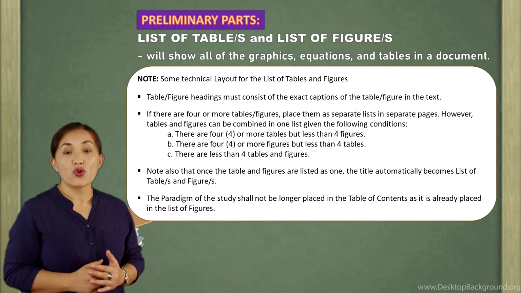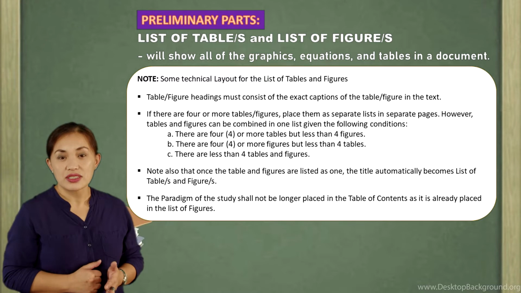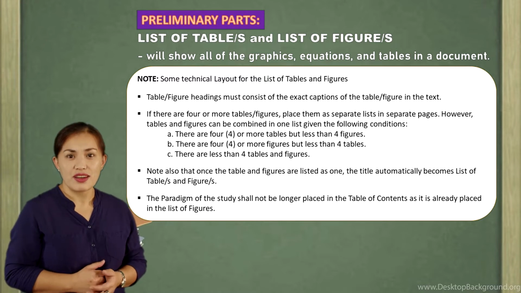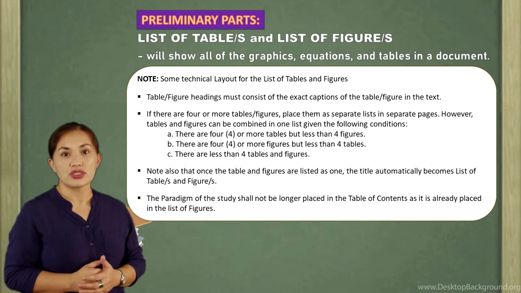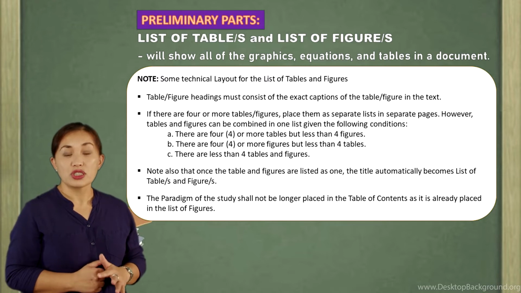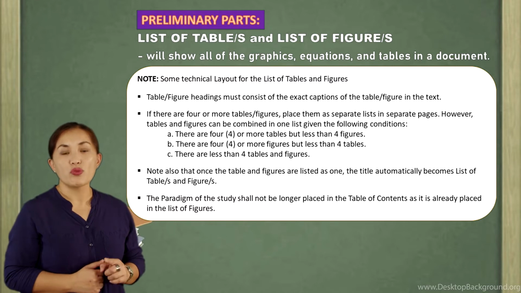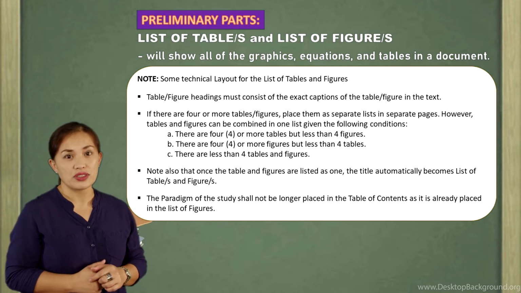If there are 4 or more tables or figures, place them as separate lists in separate pages. However, tables and figures can be combined in one list given the following conditions. A. There are 4 or more tables but less than 4 figures. B. There are 4 or more figures but less than 4 tables.